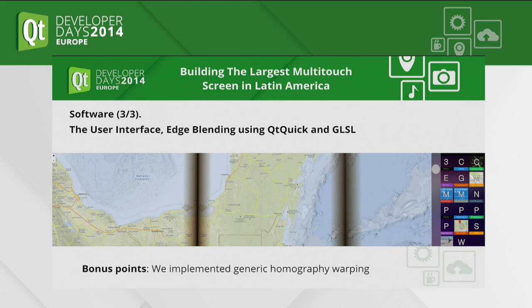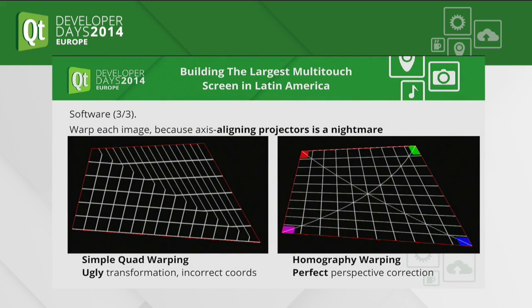So you need something called homography warping. The first idea you get is that once you have this shader and darkening, you can warp the quad. But if you warp the quad in the wrong way, you get basically things like that.